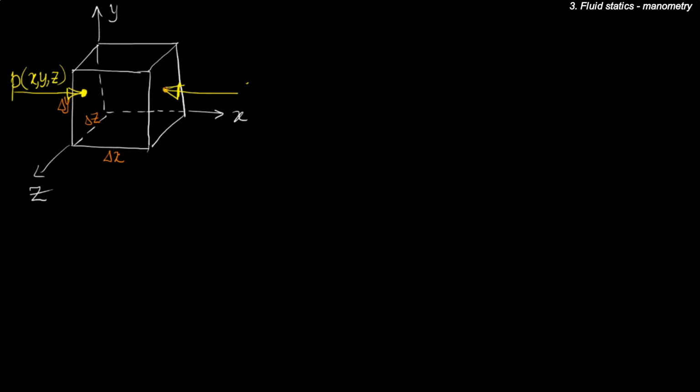Consequently, the pressure at this particular point will be P at x plus delta x, comma y, comma z, because the y and z coordinates have not changed, all that has changed is the delta x.